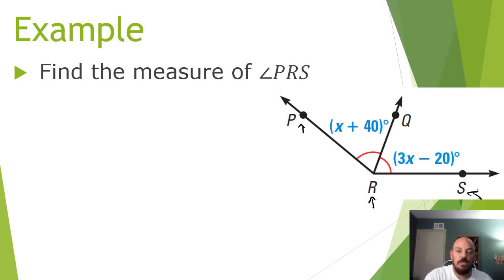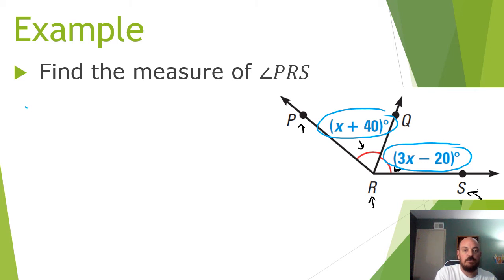And because of these red markers here, because of this arc here and this arc here, you know that RQ is a bisector of PRS, and you know that those things are equal. So when I'm setting up my equation, it's going to be this thing right here, x plus 40, equals this thing right here, 3x minus 20. Let's set that equation up. X plus 40 equals 3x minus 20.